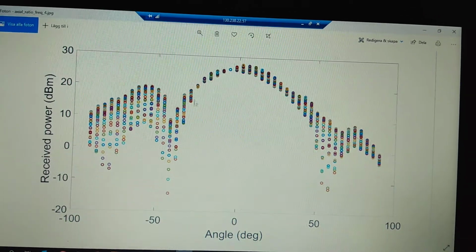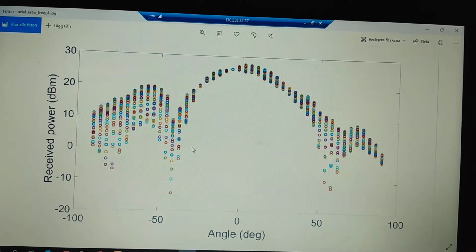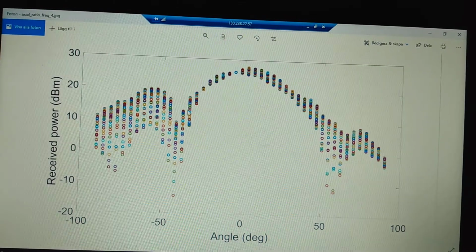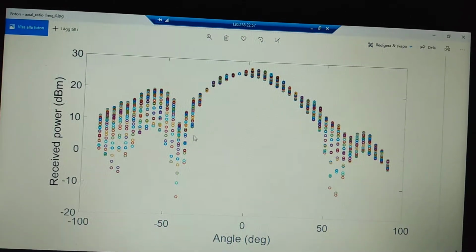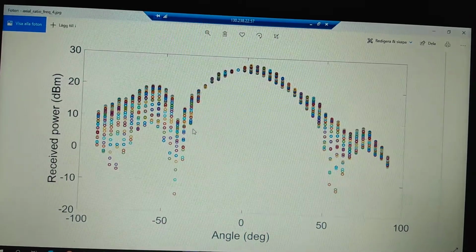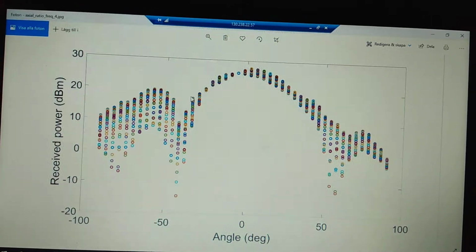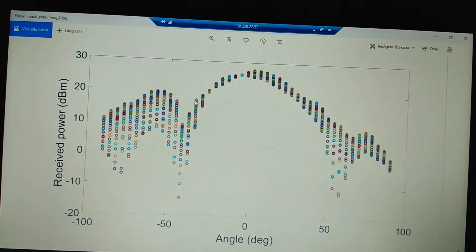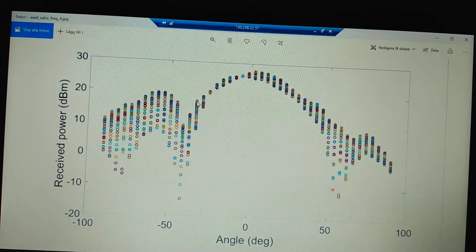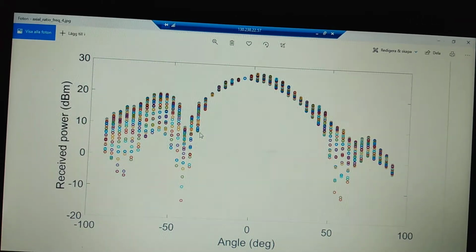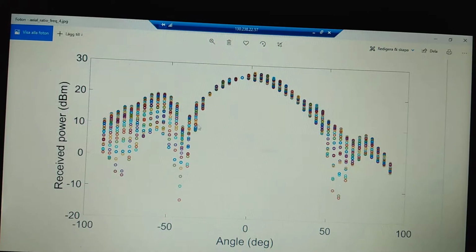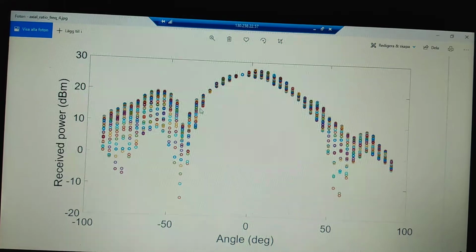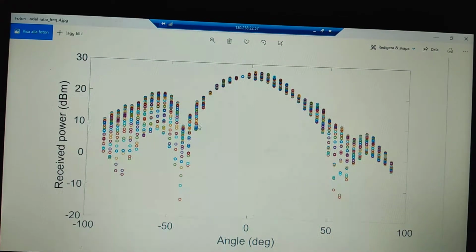So at each step of the antenna under test, for example, if we take this step, at this angle, if this angle is for example minus let us say 36 degrees or something, and if the top point is at 16 dBm, and the lower point is at 8 dBm, it means that the axial ratio at this point is 16 minus 8, so that is 8 dB. 8 dB is the axial ratio at this angle.